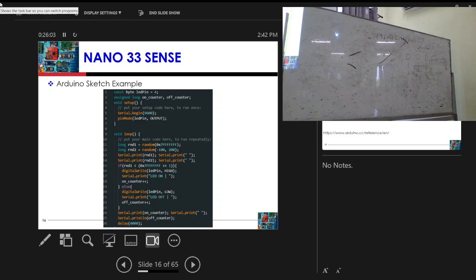If I give it random and then a number like 10, it means it's going to generate random numbers that cannot exceed 10. So it can generate like 1, 2, 3, 4, 5, 6, 7, 8, 9, but it shouldn't go beyond 10. That's as simple as that.